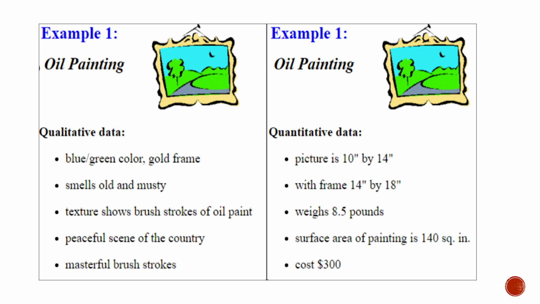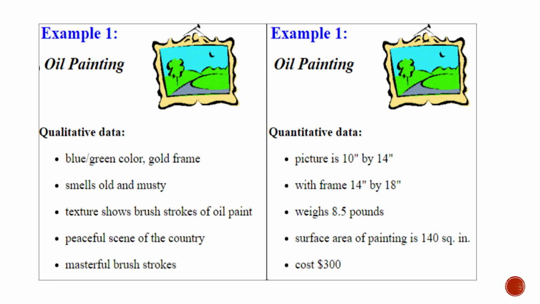On the other hand, when we talk about the weight of the picture or the length of the frame, right? We can only use numerical information for measuring the width or length of the frame or to measure the weight of this oil painting. So all this will constitute quantitative data.